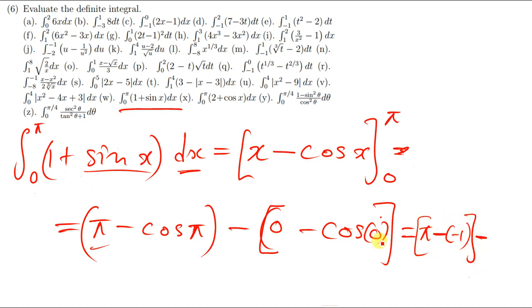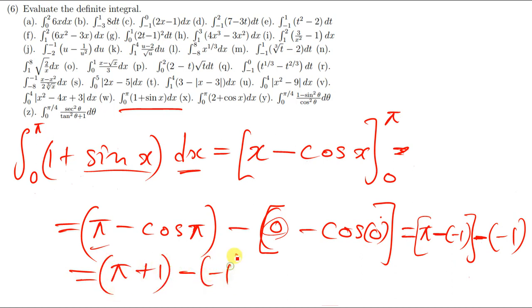Then we say minus, we have a 0 there, and cos 0 is simply just 1. So we say minus negative 1 there. When you simplify this, we're going to have pi plus 1, then minus 1, which gives us pi plus 2. So this is the solution for that.